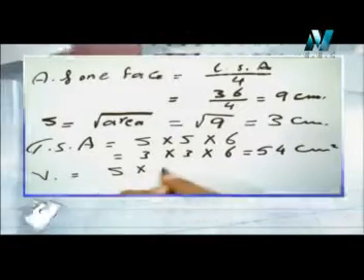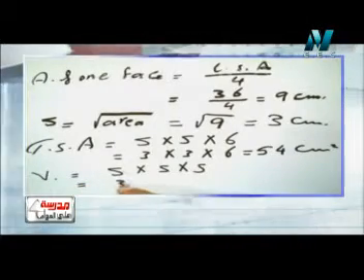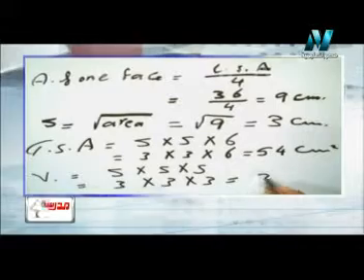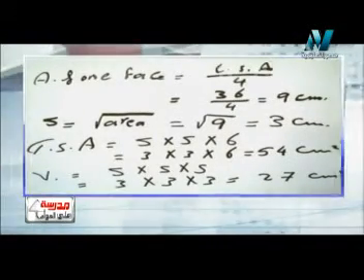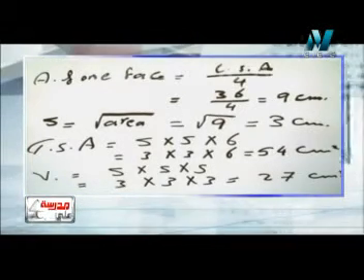Side by side by side. Then the volume equals 3 by 3 by 3 equals 27 centimeter cube. The volume's measuring unit is centimeter cube.